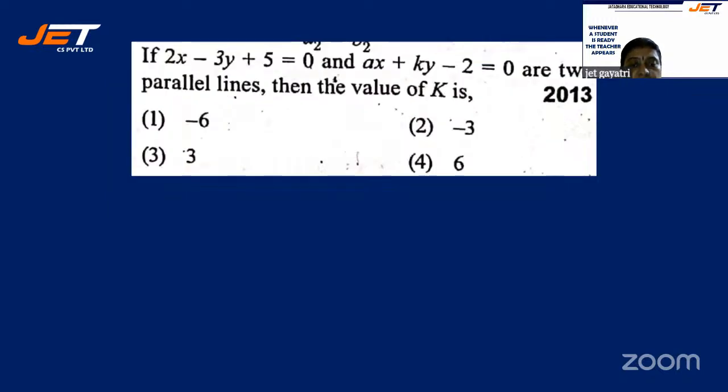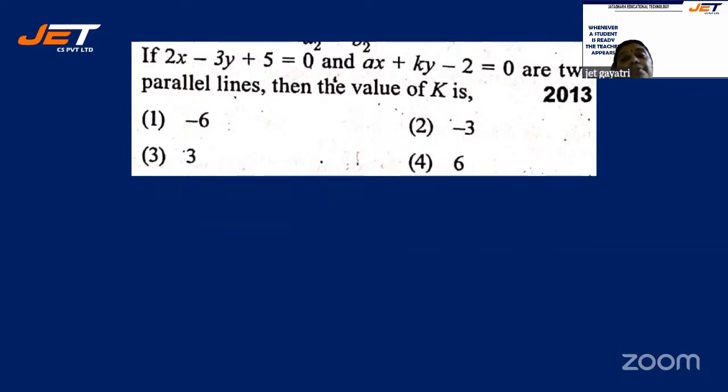All right, see the next question. If 2x minus 3y plus 5 is equal to 0 and ax plus ky minus 2 is equal to 0 are two parallel lines, then the value of k is dash. A very beautiful question which really talks about the concept here.